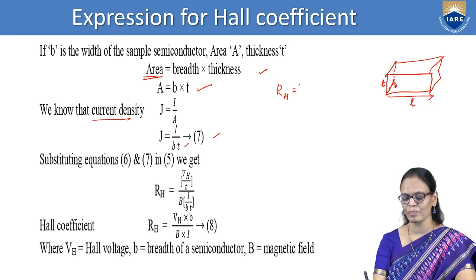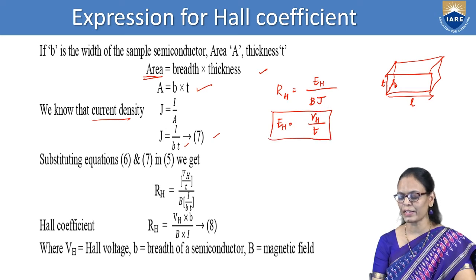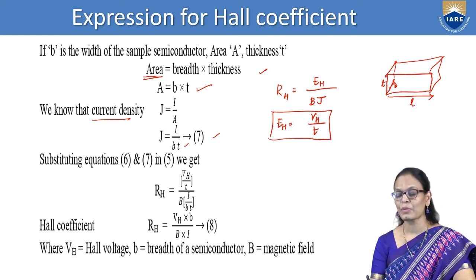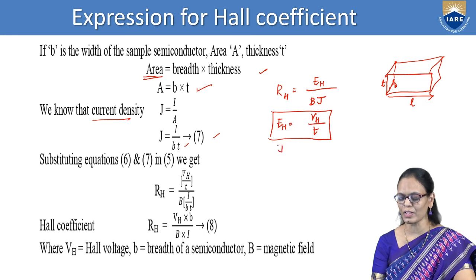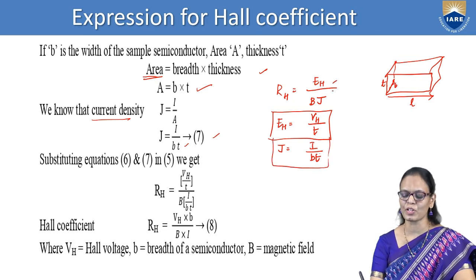RH is equal to EH upon BJ. Now for EH, what did we get? EH is equal to VH upon T, because the electric field is between the two sides which have a thickness T. So EH is equal to VH by T and J is equal to I upon bT. These two we are going to substitute here.